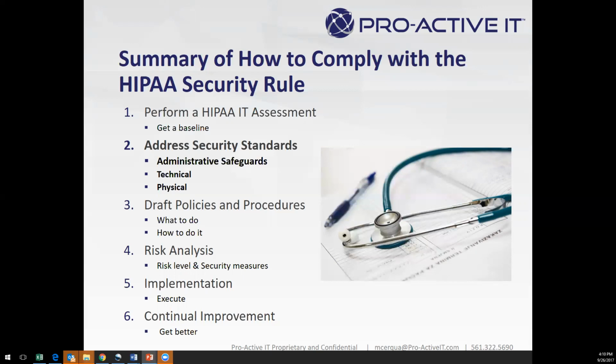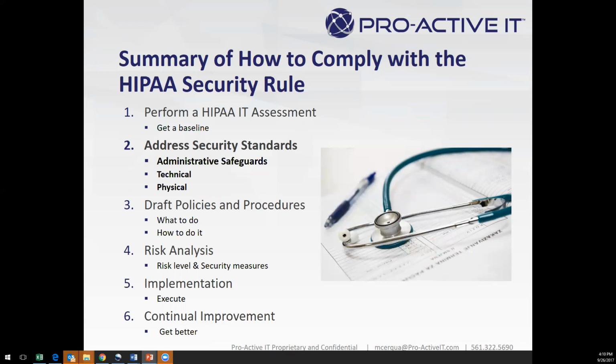The second step in your 6-step plan is addressing security standards. That begins with administrative safeguards. Now, one must implement reasonable and appropriate administrative safeguards that will establish the foundation for a covered entity or a business associate's security program.